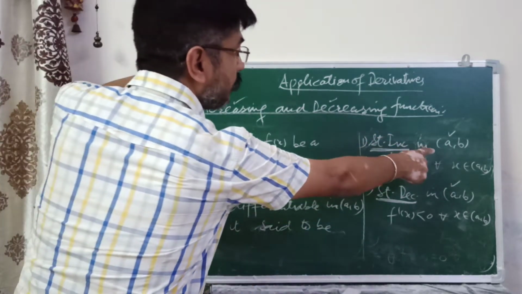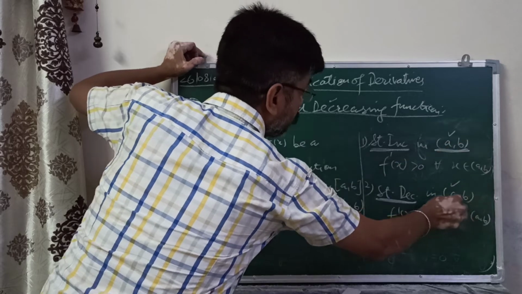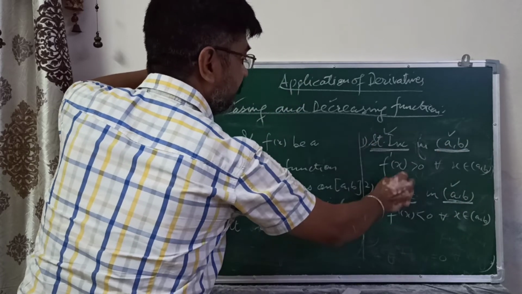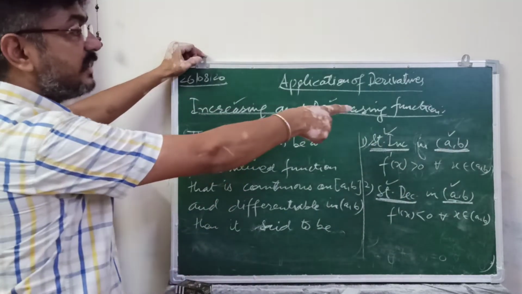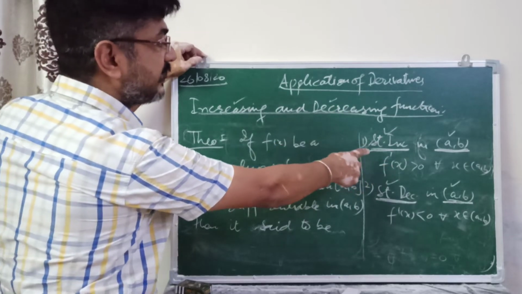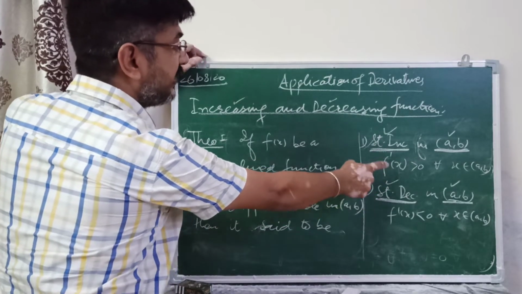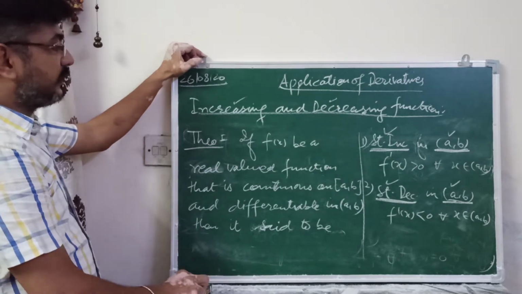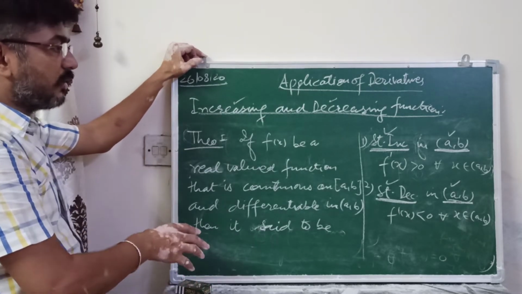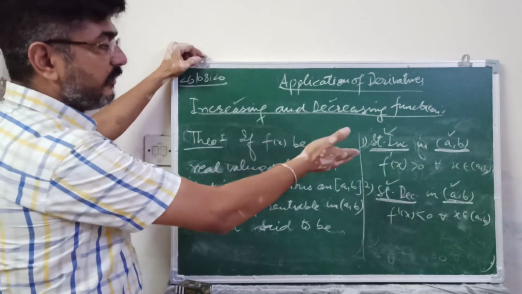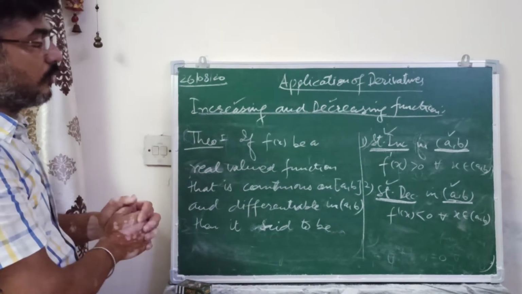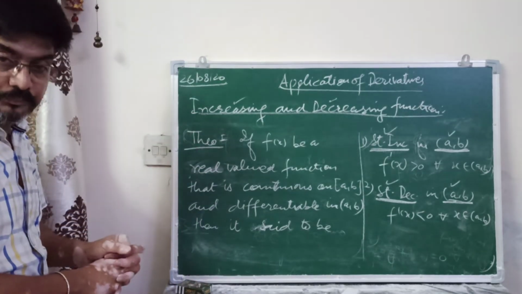So due to open intervals, we can say it is strictly increasing and strictly decreasing. If these intervals are considered closed intervals, then they become increasing and decreasing function. So this was about the remark of the theorem, second part, that is given in open interval and closed interval.